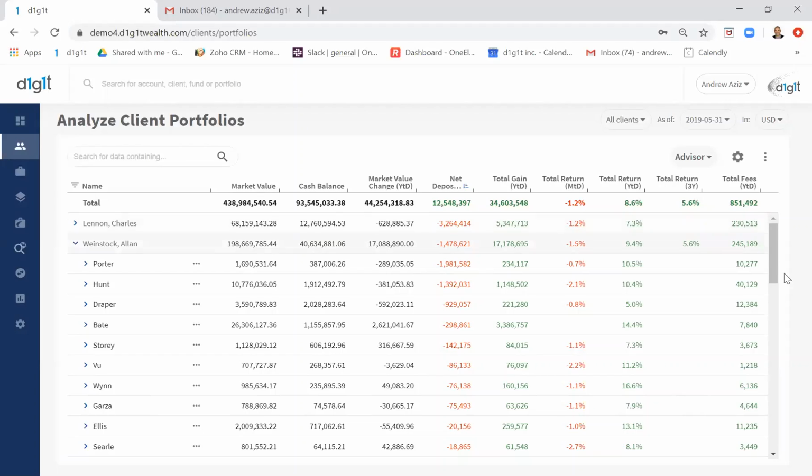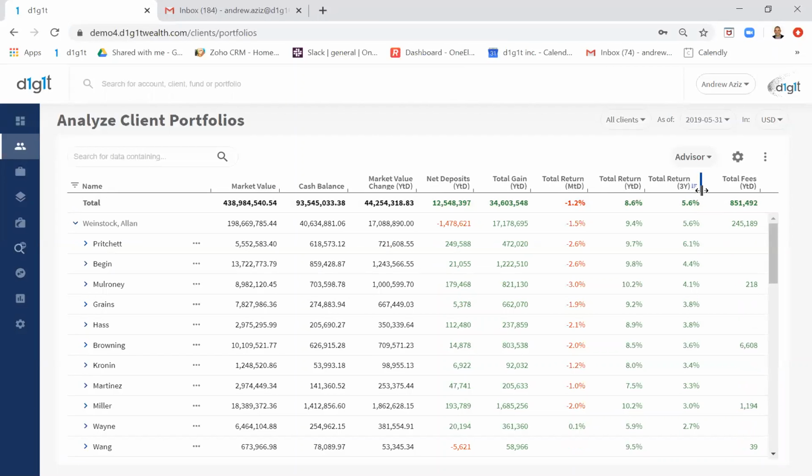I may be interested in which household has paid the most fees. Suppose now we check on which household has had the highest 3-year return. We see that it's the Pritchetts.